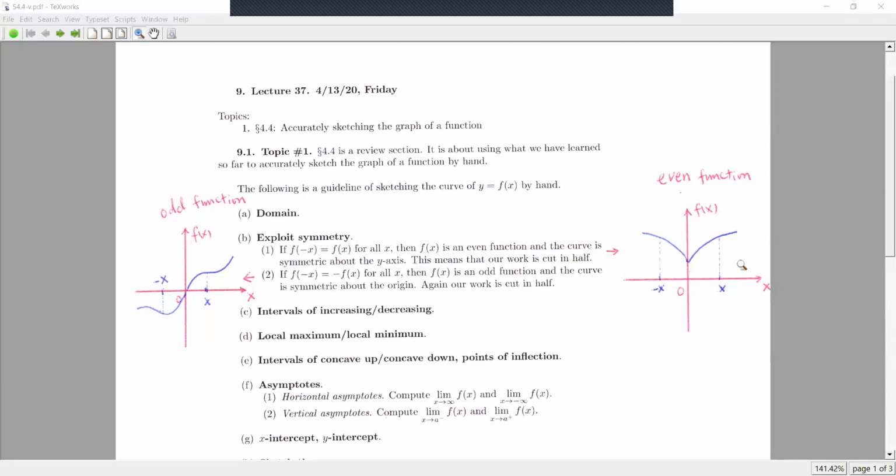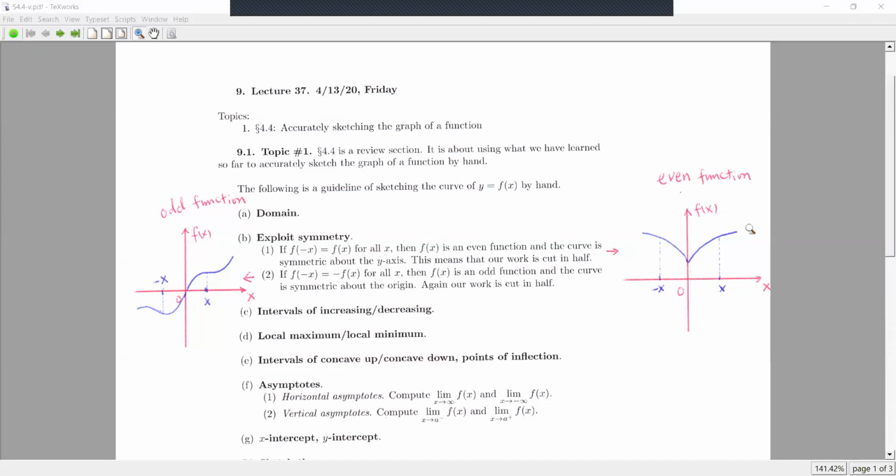If a function is an even function, then our work to sketch its graph can be cut in half, because we just need to focus on sketching the graph of the function on the right half plane. After we get the graph on the right half plane, we can reflect this portion about the y-axis to the left half plane to complete the whole graph.